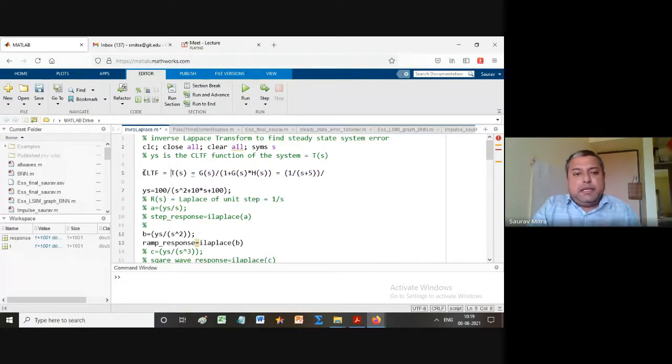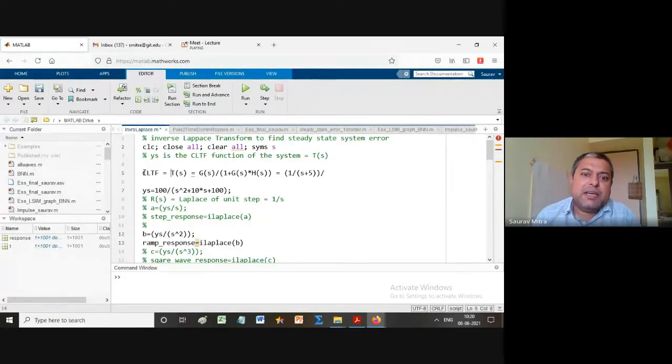In the first method and second method we were finding GSHS. In the first method what we found was error is equal to RS divided by 1 plus GSHS. From there we found ES and applied the final value theorem, that is limit S tends to 0 of S into ES, and we found the error.